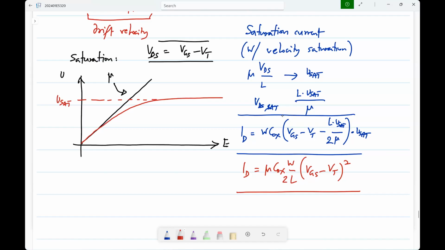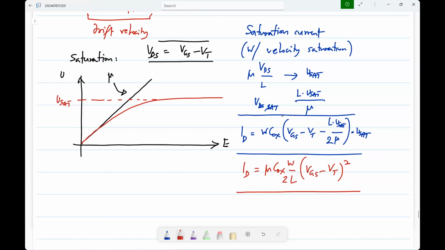Okay. And in any process, you can always get to some sort of square law type region if you use very long channel transistors. Okay, because if you use very long channel transistors, the field will be low, right? So you can operate it without velocity saturation as well. I mean, it's not something I would desire to do.